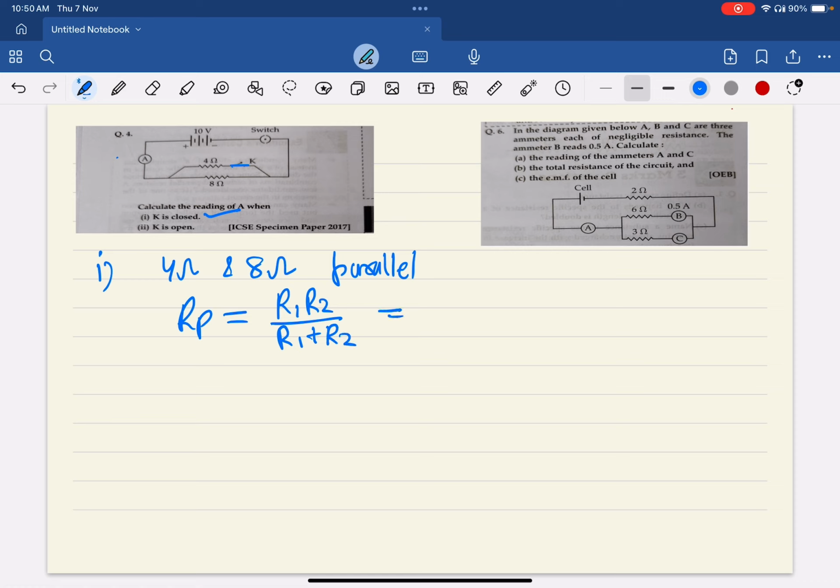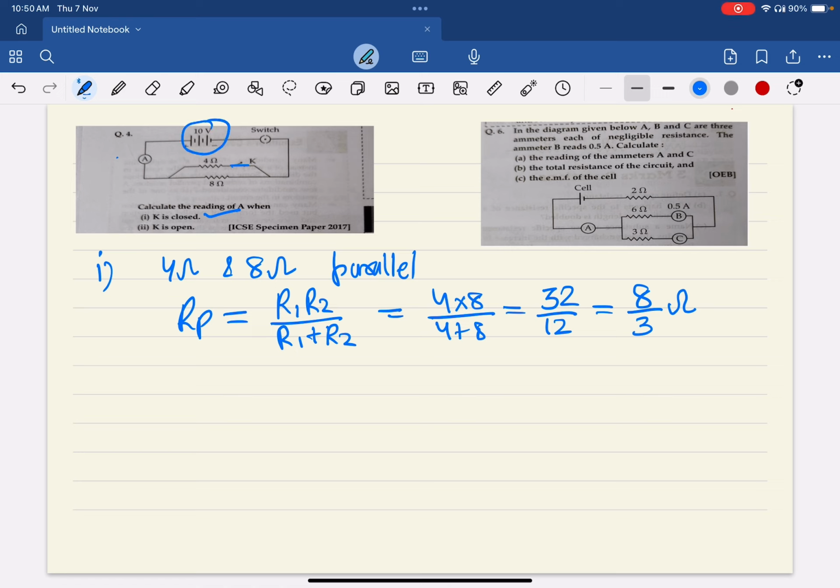So it should be 4 times 8 by 4 plus 8, which gives 32 by 12 or 8 by 3 ohm. So when K is closed, the total resistance of the circuit is 8 by 3 ohms.